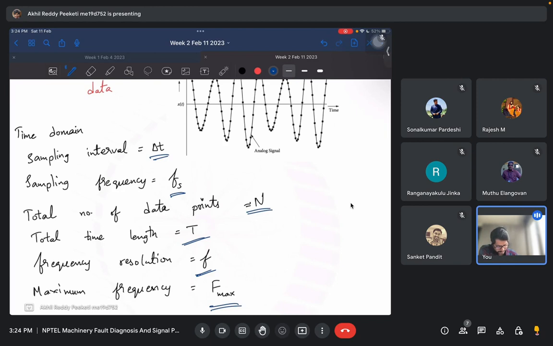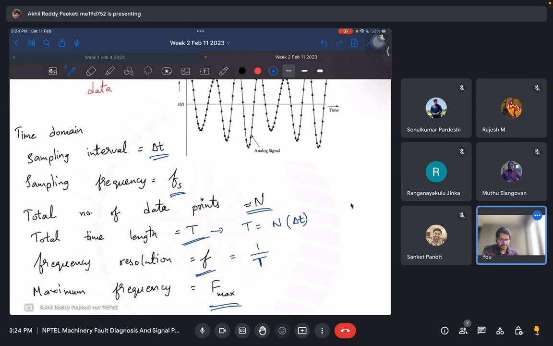So the total time is basically the number of data points times the sampling interval, right? So if you're sampling every, let's say, 1 second, and you took 100 data points, then the total time would be 100 seconds. Now the frequency resolution would be 1 by total time.